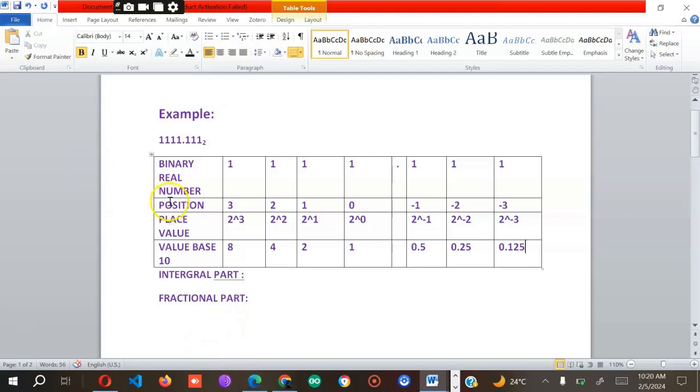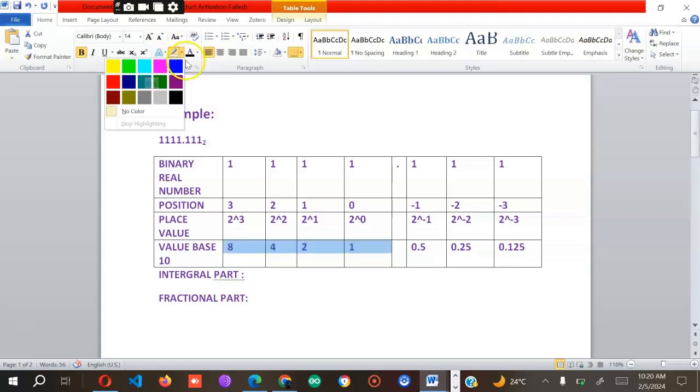Okay, so as you look at the example that we have, two parts. We have the integral part, that is from the point towards the left. Then we have the fractional part, that is from the point towards the right hand side. So this is actually, let me try to differentiate it.